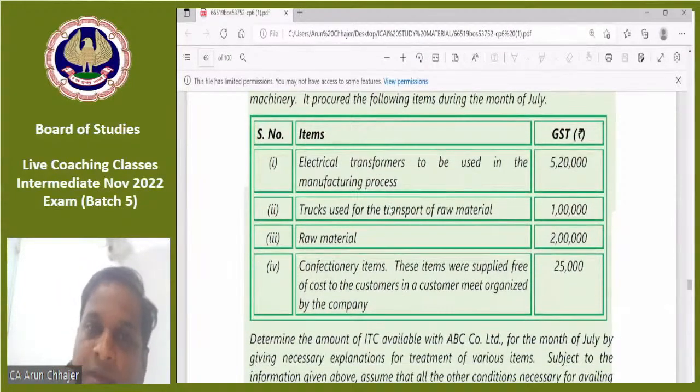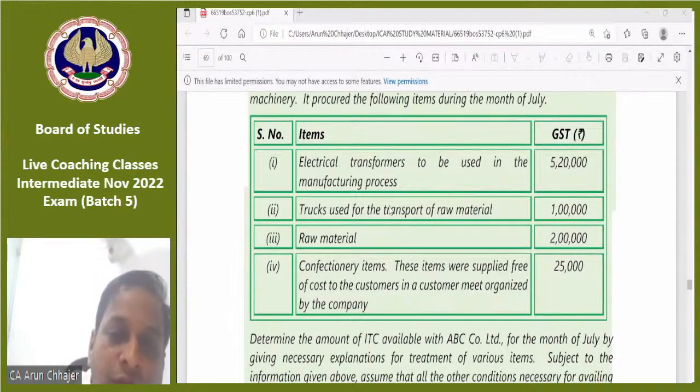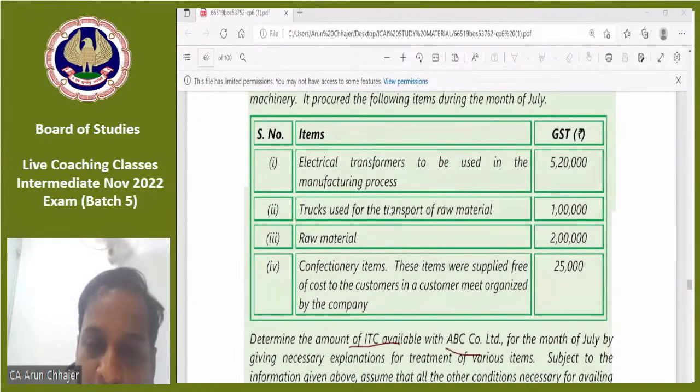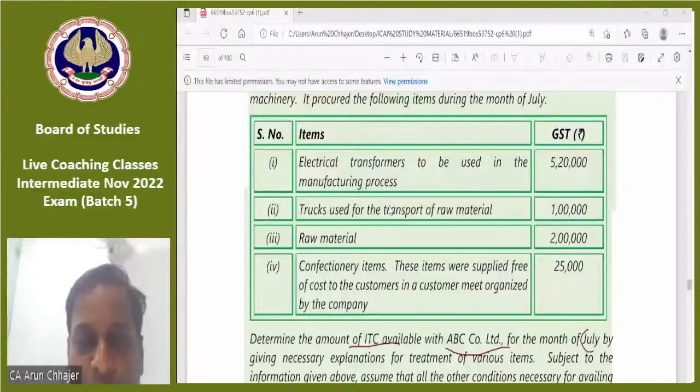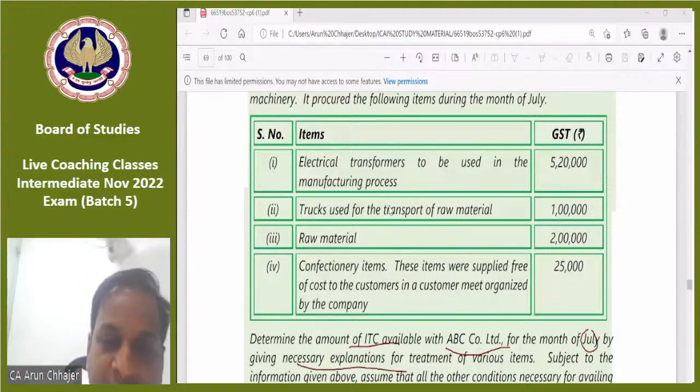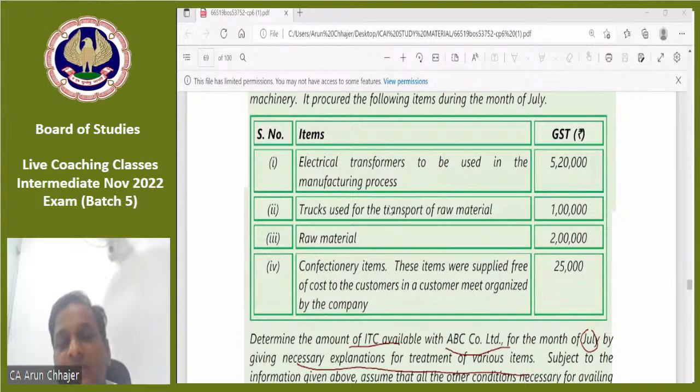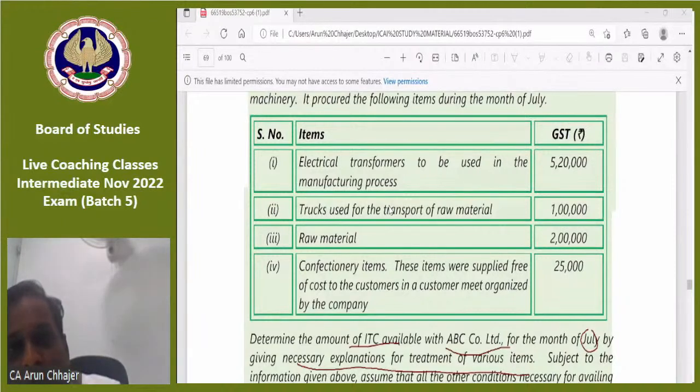You need to determine the amount of ITC available with ABC company for July, giving necessary explanation for the treatment of various items. Please confirm. Have we discussed this example or not?